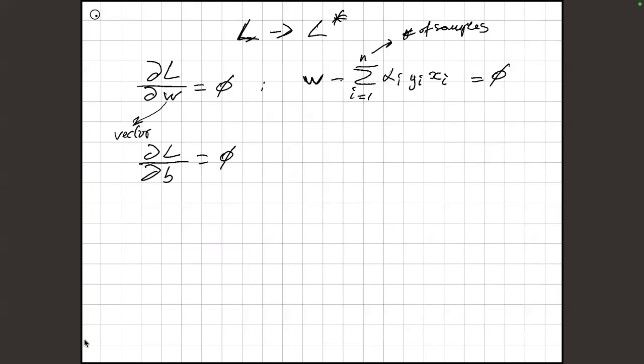And that makes it, so you can then express w as the sum of alpha_i y_i x_i. And if you take the partial derivative by b, it will be minus the sum of alpha_i y_i, and that should be equal to 0.